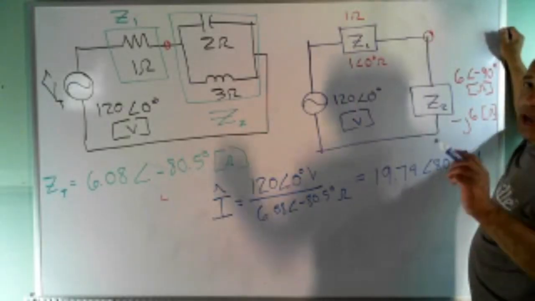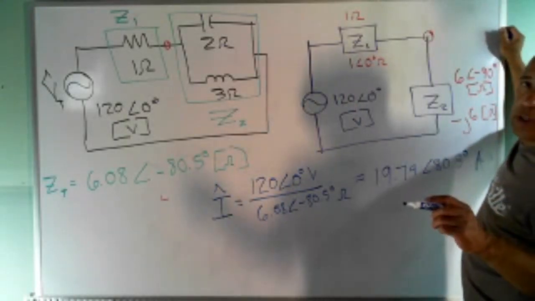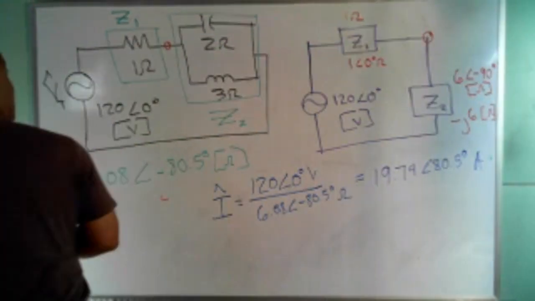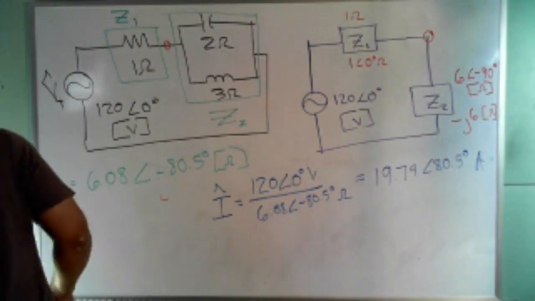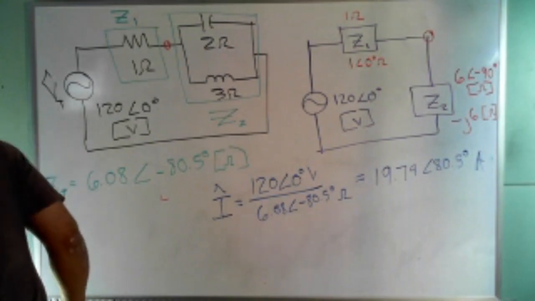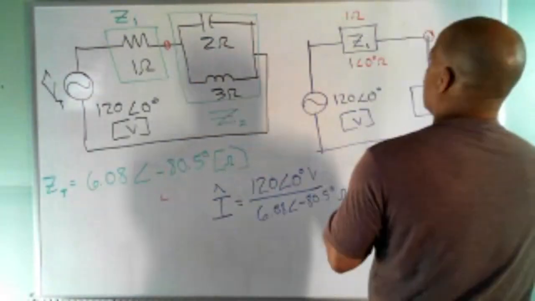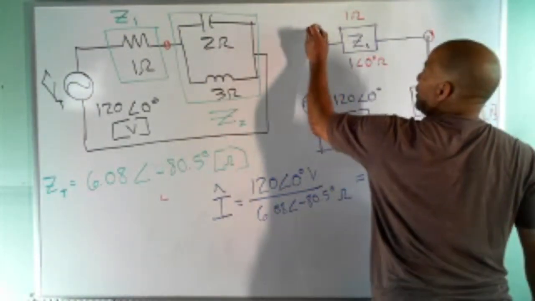I got 19 amps. Now, just like you would do in the Circuits 1 class, right away you want to show the currents. I'll use this blue. Show the current in each circuit.